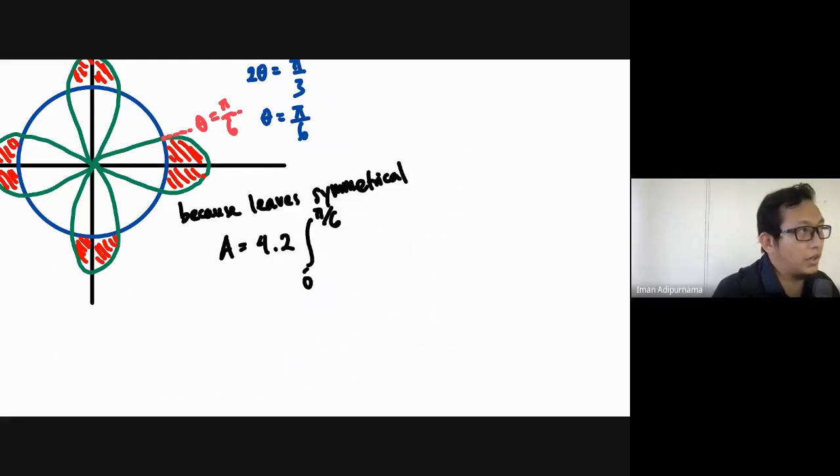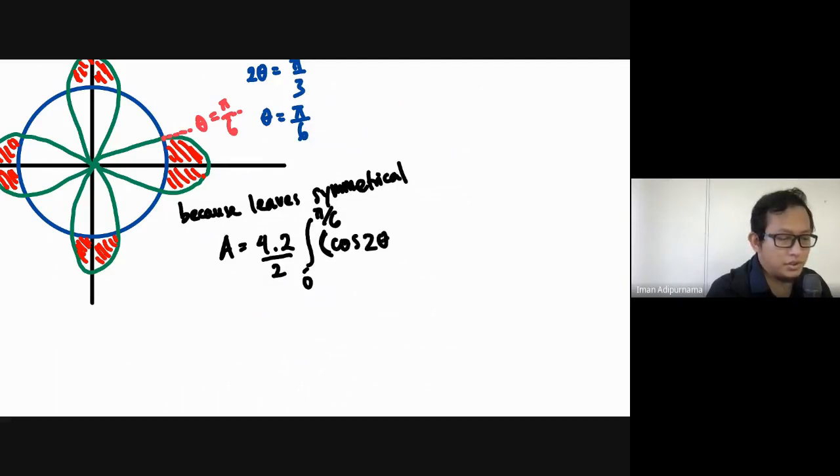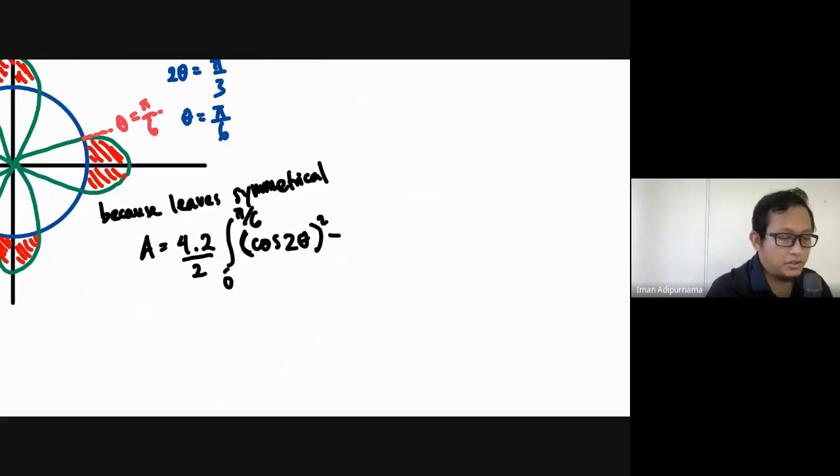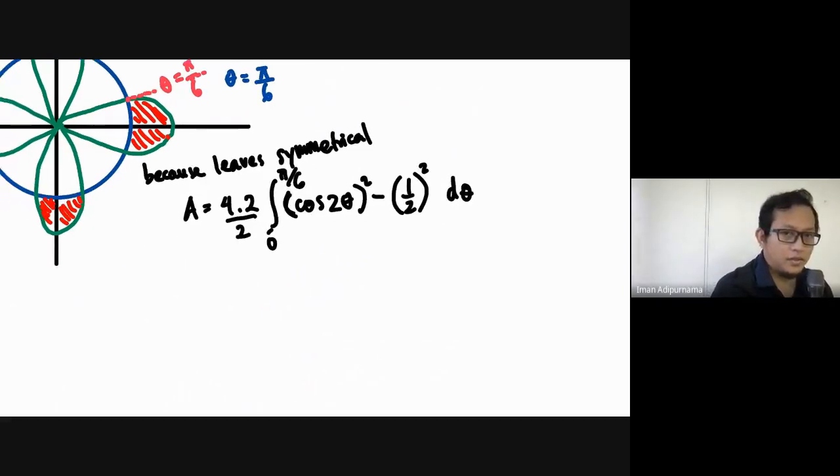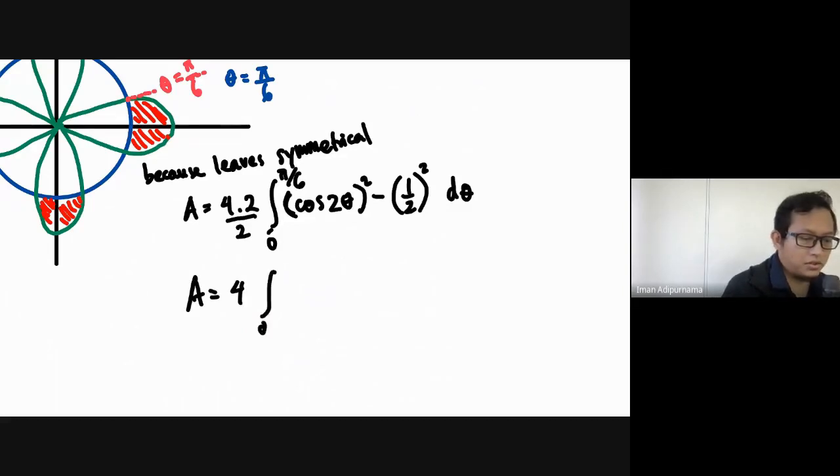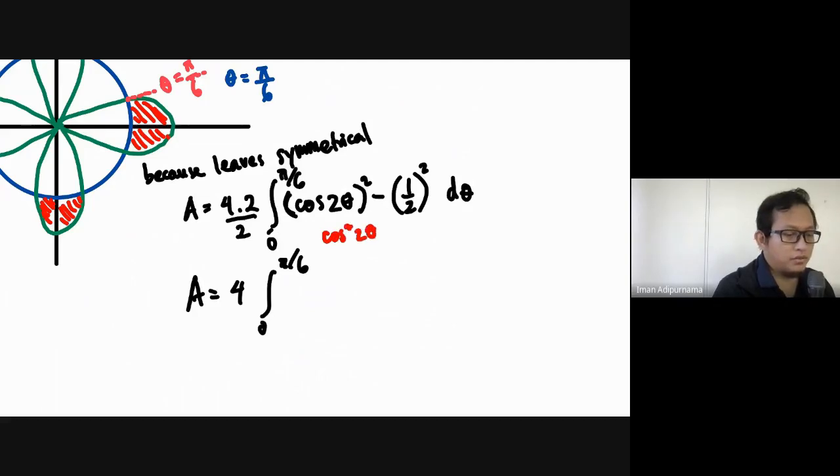And then let me factor half outside here. So this will be r squared. The first one is cos 2 theta squared minus half squared, and then d theta. Okay. And this becomes 4, from 0 to pi over 6, and this will be cos squared 2 theta, right?